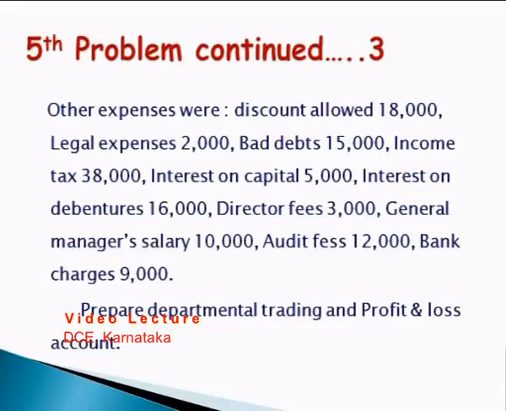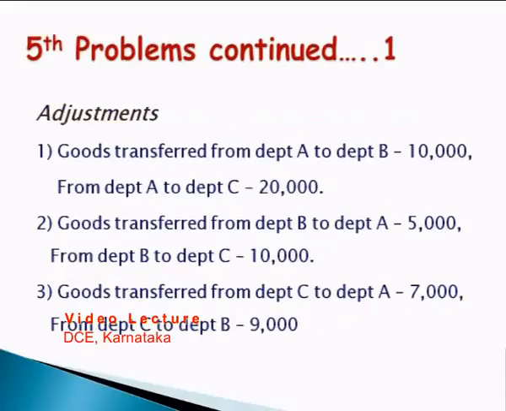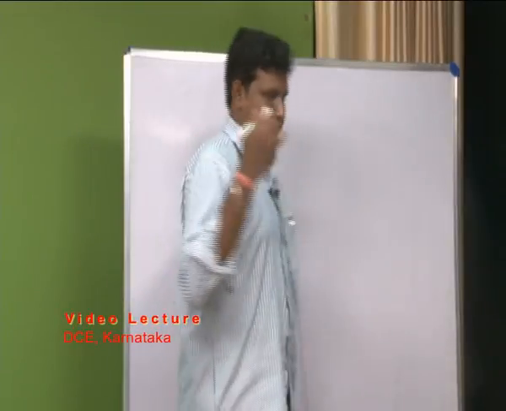They are expecting us to prepare only the departmental trading account and the profit and loss account. That's it. Before doing the problem, first we will calculate the interdepartmental transfer. First we will take up goods transferred from Department A to Department B 10,000 and goods transferred from Department B to Department C, whatever adjustments we have, and we will discuss that. First I will discuss the calculation of interdepartmental transfer.